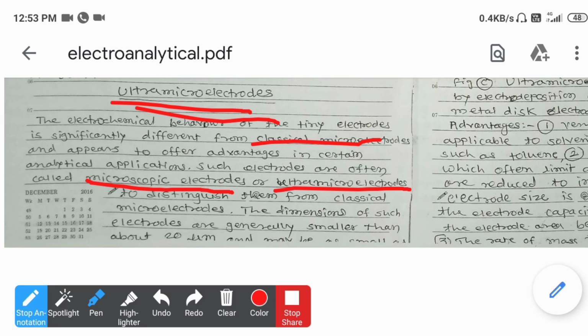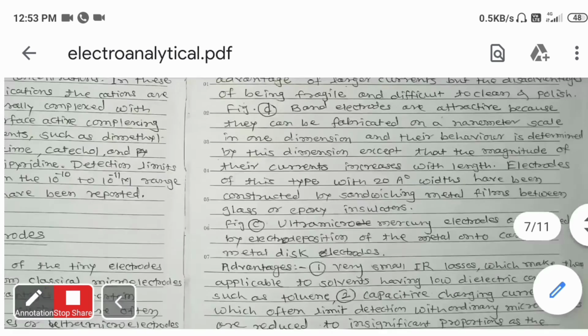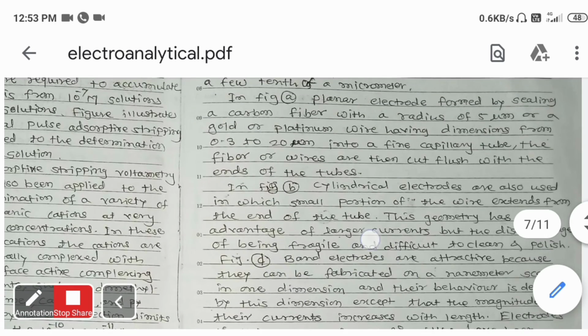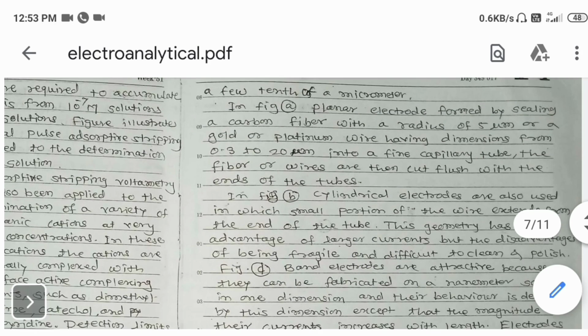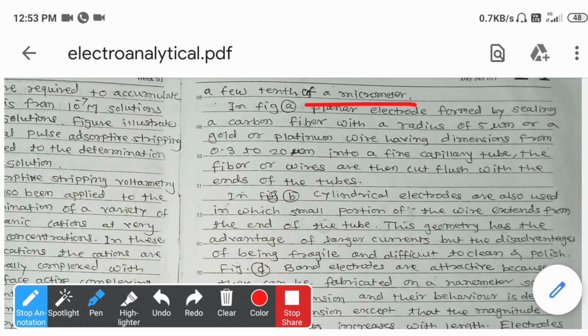To distinguish them from the classical electrodes, the dimensions of such electrodes are about 20 micrometers or might be smaller than this. So the dimensions are a few tens of micrometers down to 20 micrometers. This is the range for ultra micro electrodes.